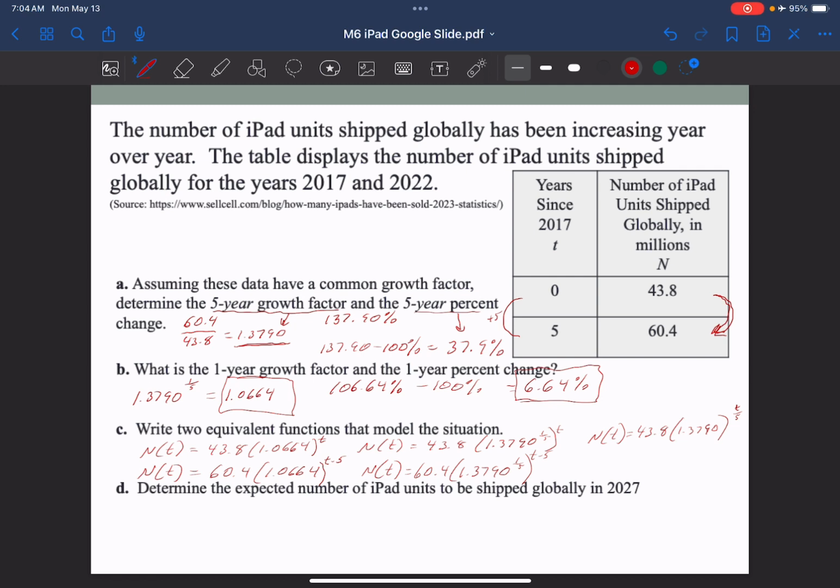And then when we combine these exponents, we get n of t equals 60.4 times 1.3790, and now when I combine these exponents with multiplication, I get t minus 5 over 5.